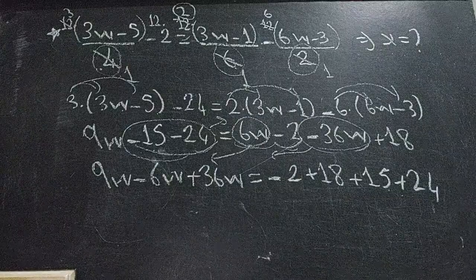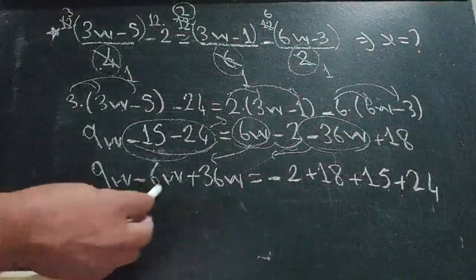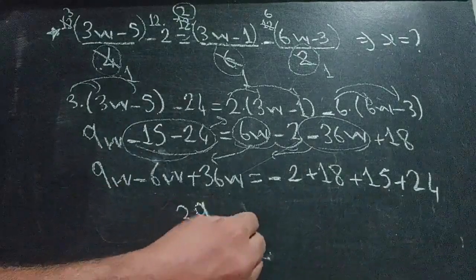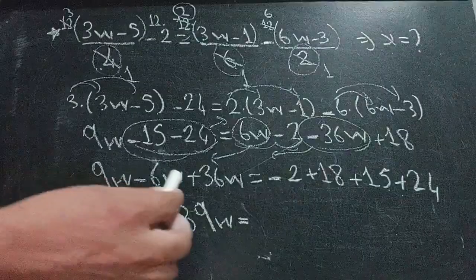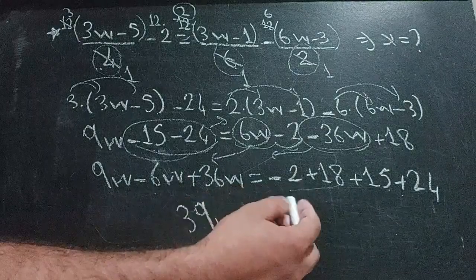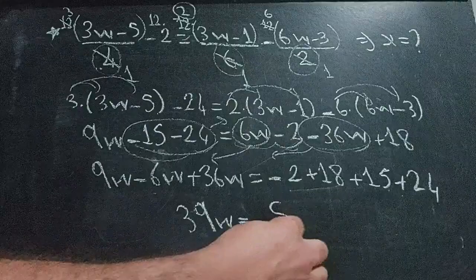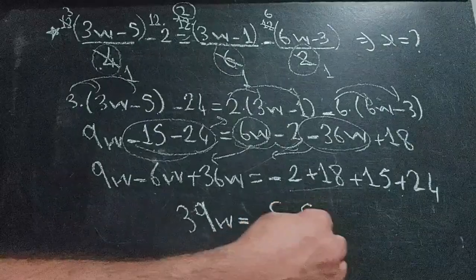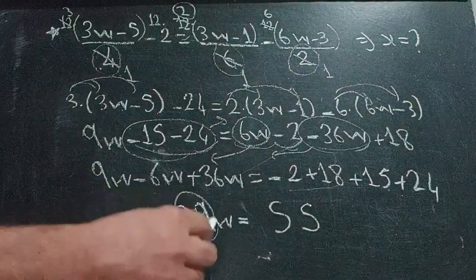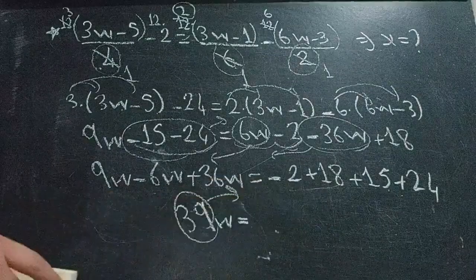That will give me 39w equals to the 16 will be 55. Then this will go to the other side as division. By the way, let's write this 55 properly.